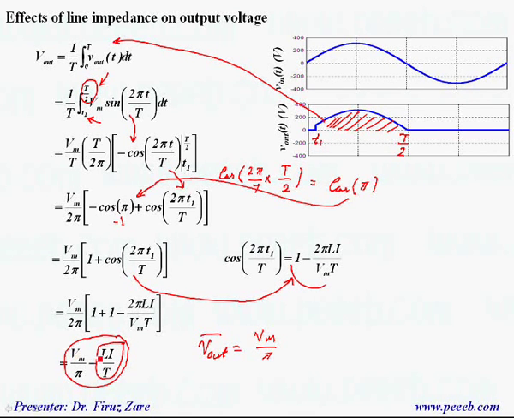So here we can see that if L is 0, then the output voltage is the same as a half wave rectifier without any line impedance. So increasing line impedance not only changes the power quality and affects the line voltage, but also changes the output voltage.